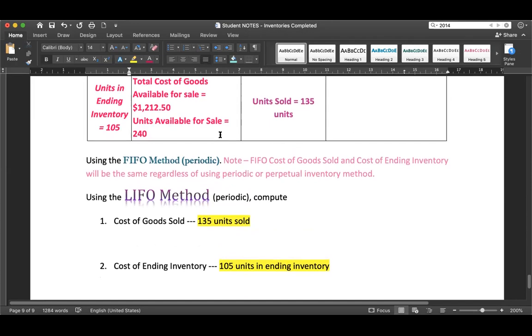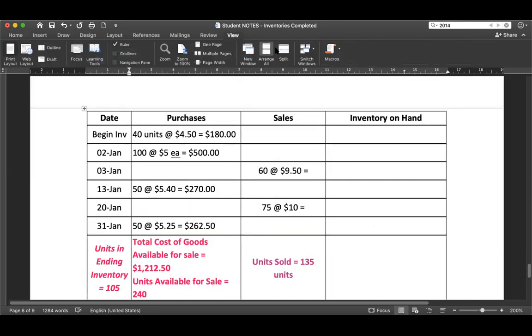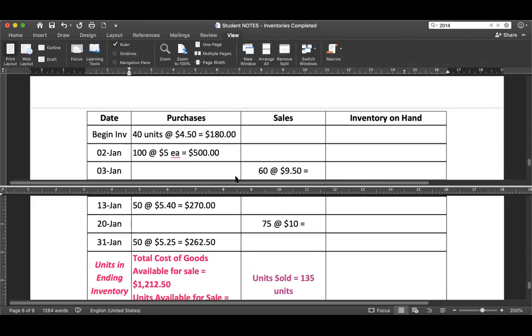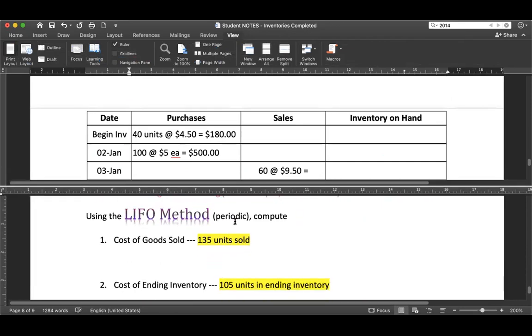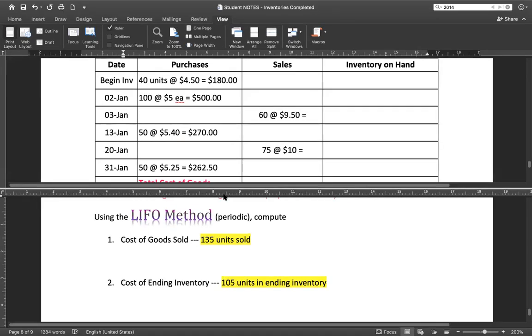Okay, now the next method that we have is the LIFO method. In the LIFO method periodic, this is kind of counterintuitive, but let me just explain. When we are allocating costs, remember that LIFO is a costing method.